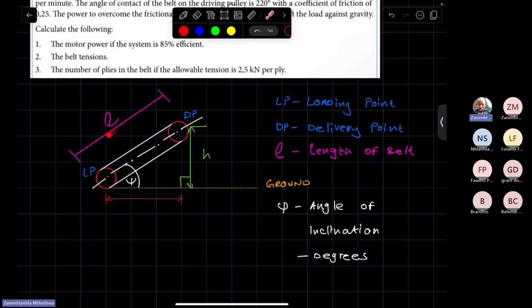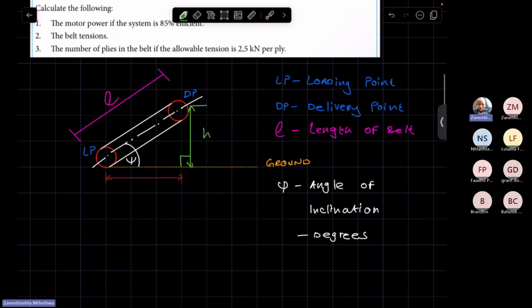Depending on if you've been given the length of the belt or this horizontal distance. If you've been given the length of the belt, then take into account that you essentially have a right angle triangle. The H you are looking at is opposite the angle. The length of the belt is essentially the hypotenuse. So the convenient trig ratio to use would be sine, because sine is equal to the side opposite the angle divided by the hypotenuse.